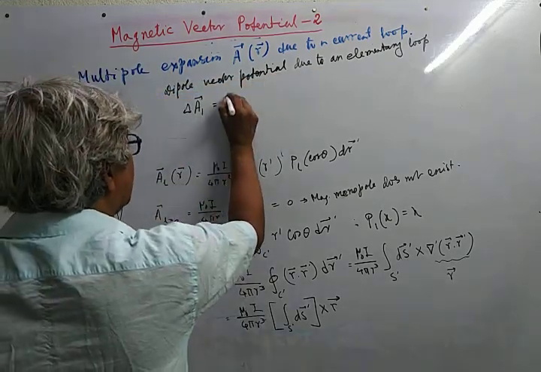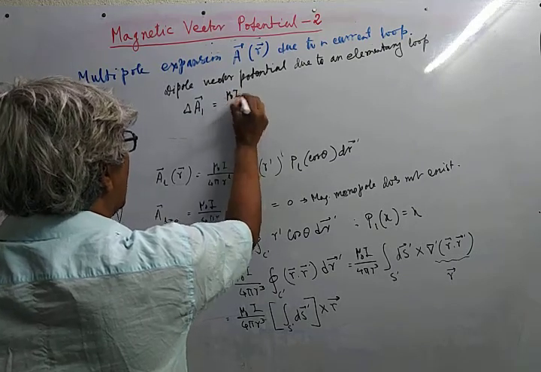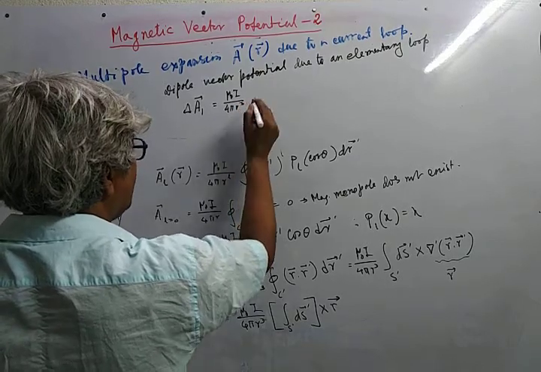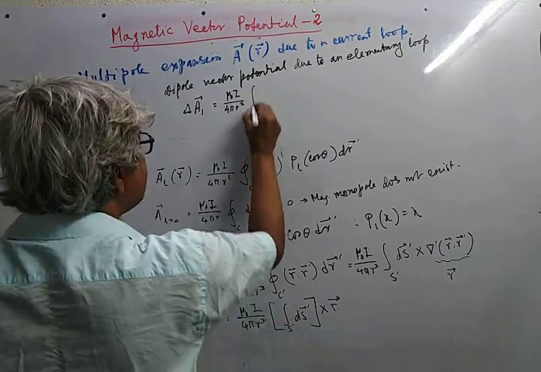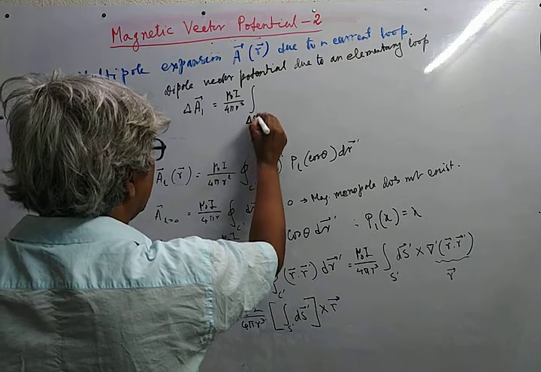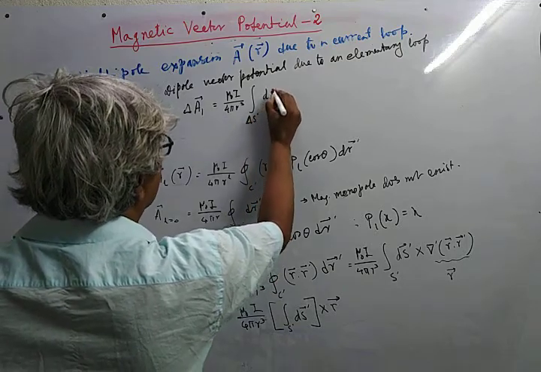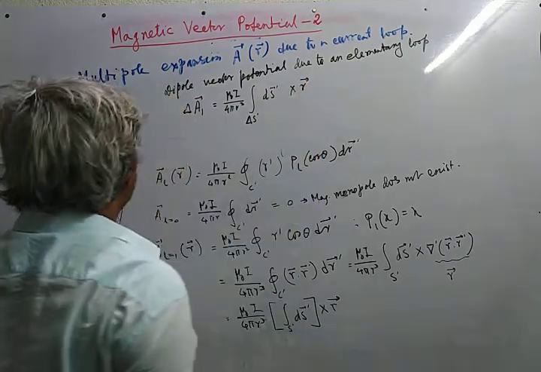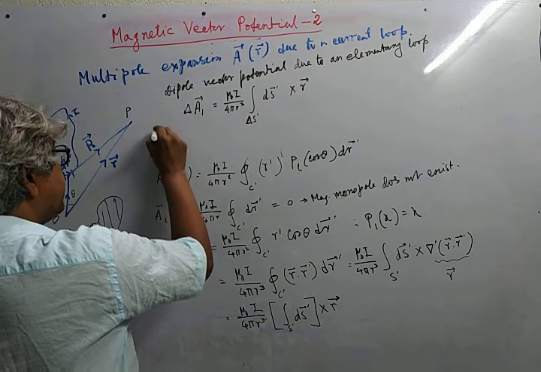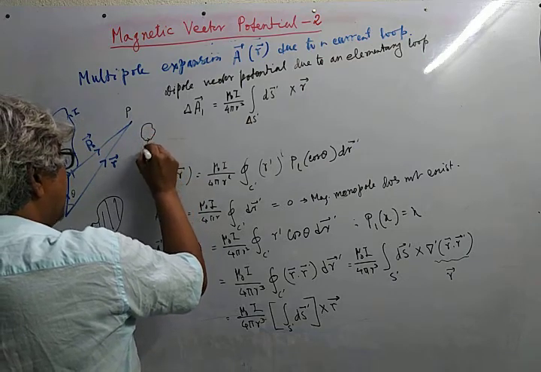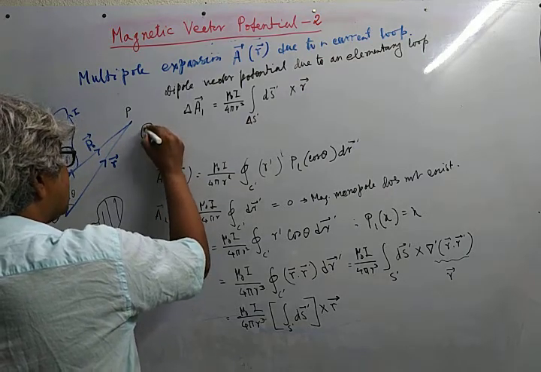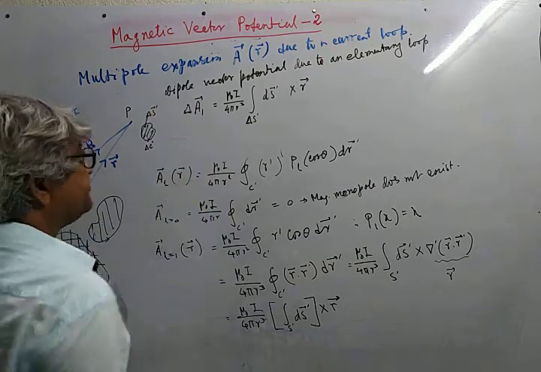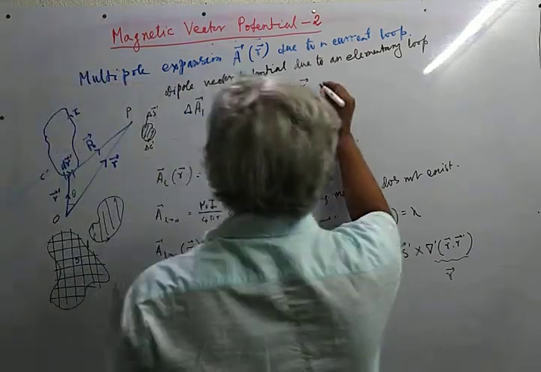So we write it mu 0 I upon 4 pi r cube times, where we consider an elementary loop delta C prime, which bounds an area delta S prime.